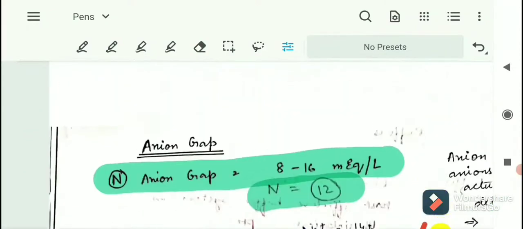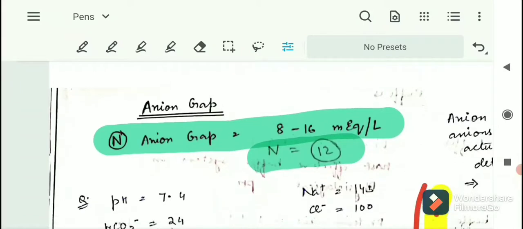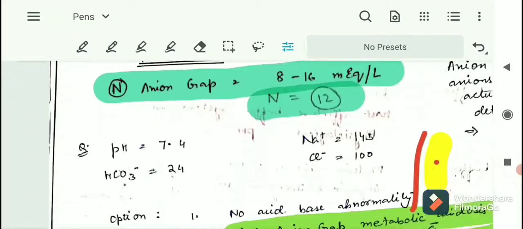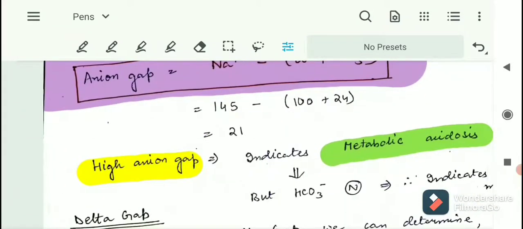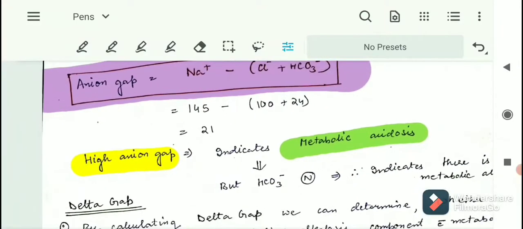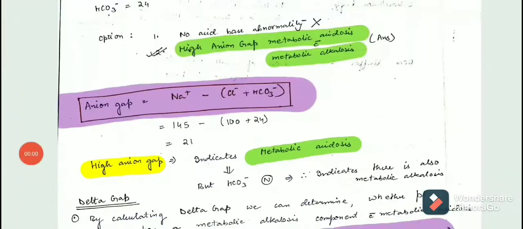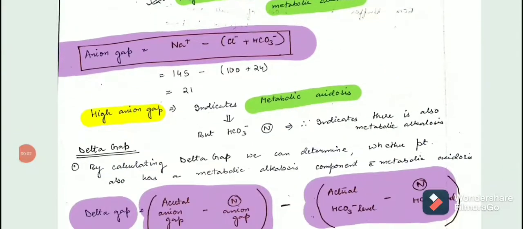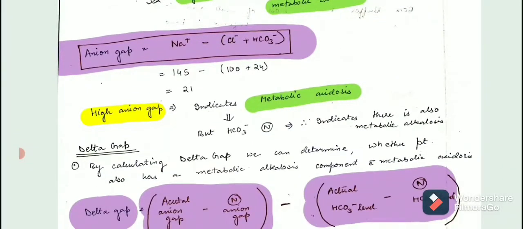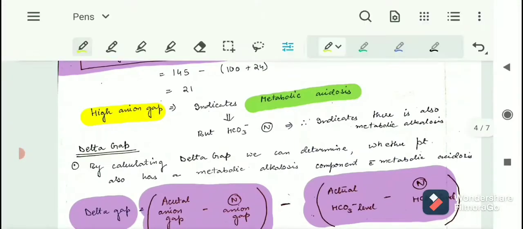Now normal anion gap was 8 to 16. Now this is a high anion gap. Now high anion gap indicates that there is metabolic acidosis. Here we see a high anion gap that indicates some metabolic acidosis, but the HCO3 level is normal. Why?